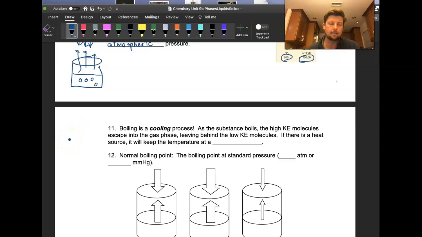Well, it must be because while it's getting heat from the fire below, it's also cooling off by evaporating a bunch of water molecules. So as a substance boils, the high kinetic energy molecules escape, and it leaves behind the cooler, or the low kinetic energy molecules. If there's a heat source, it'll keep it at its boiling temperature.